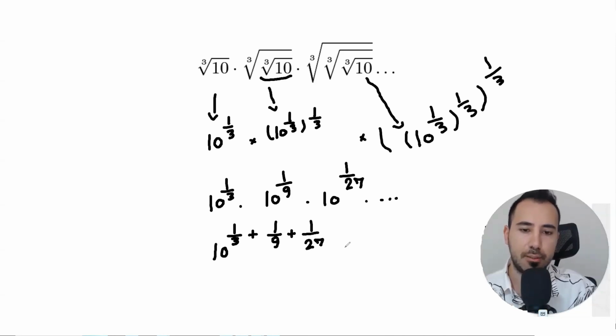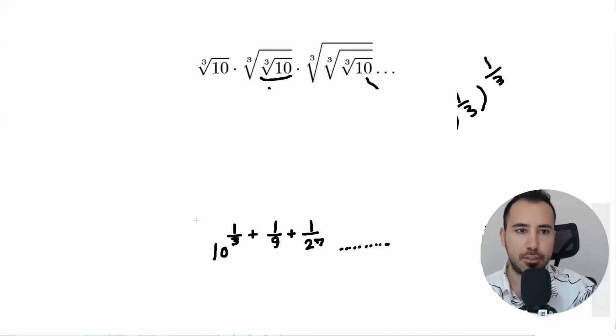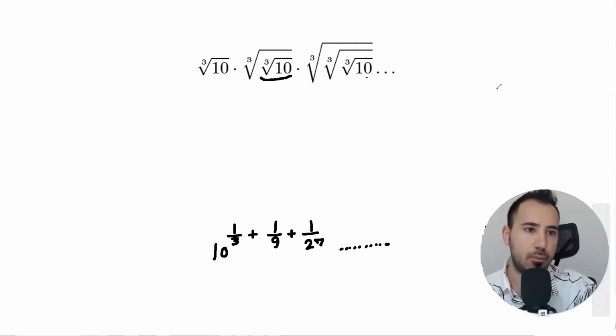Okay. So now, as you see, this 1 over 3 plus 1 over 9 plus 1 over 27 is a geometric sequence. So the formula for the sum of a geometric sequence, I'm going to write it here. It was A multiplied by R to power of n minus 1, over R minus 1.